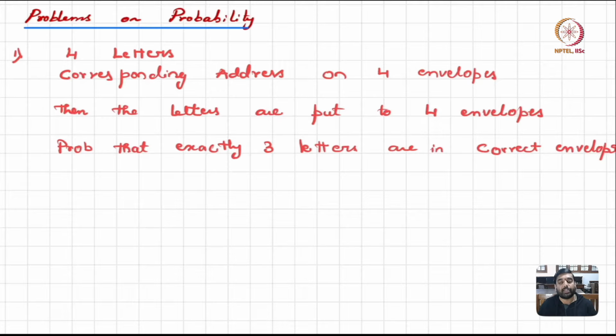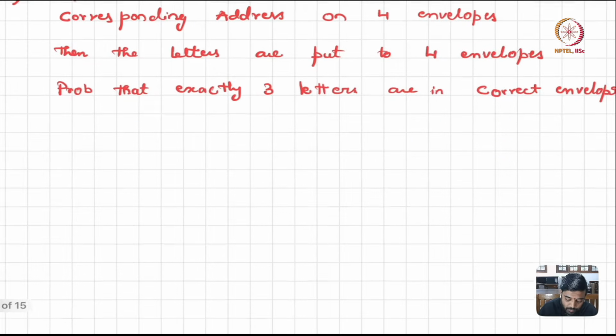So the probability of this is actually 0. Exactly 3, no, it is not possible. Exactly 2 I would have computed. Exactly 3, if 3 of them are in correct envelopes, then the fourth one has to be in the correct envelope as well. So therefore the probability of this specific event is 0.